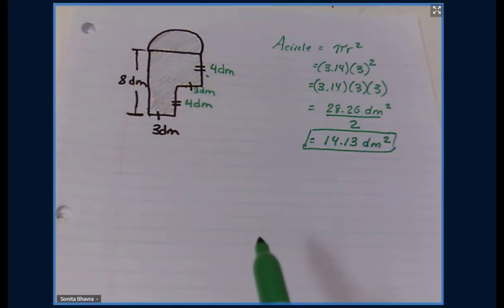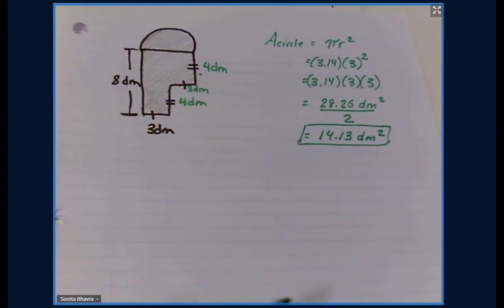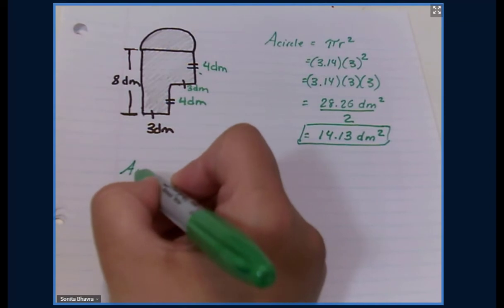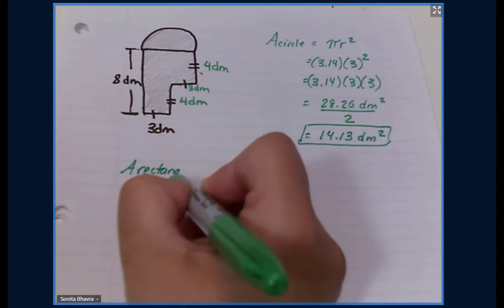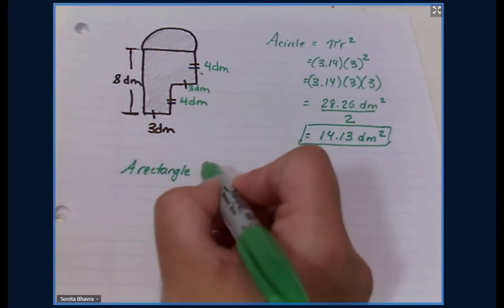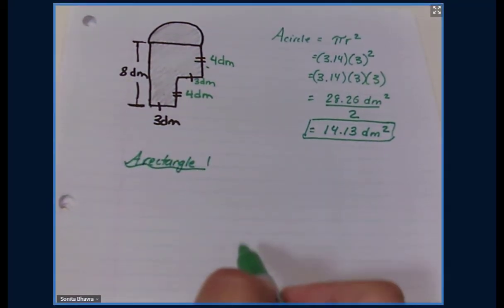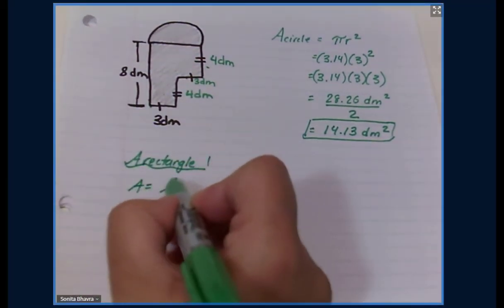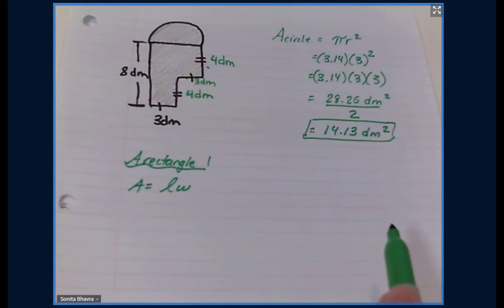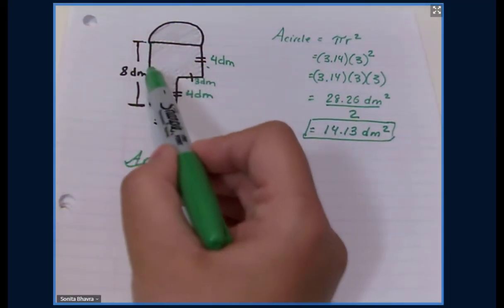All right, so that is the area of the circle. Next, let's figure out the area of the 2 rectangles. So let's do area of rectangle 1. Area is equal to length times width. Rectangle 1 would be this one here.